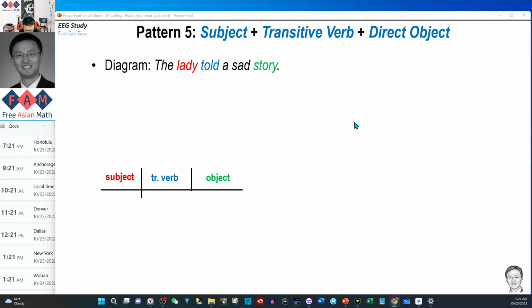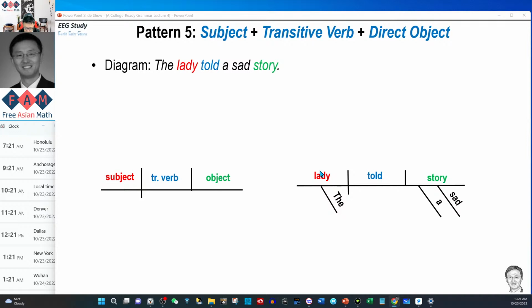So here, where we diagram this, we have three slots: the subject, the verb, and the verb's direct object, which we usually simply call the object when we only have one object for the verb. So the sentence would look like this: the lady told a sad story. Of course, a and sad here are modifiers to this noun story, which is the object.